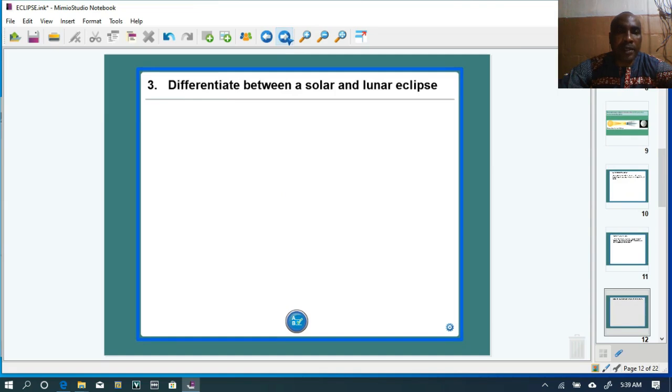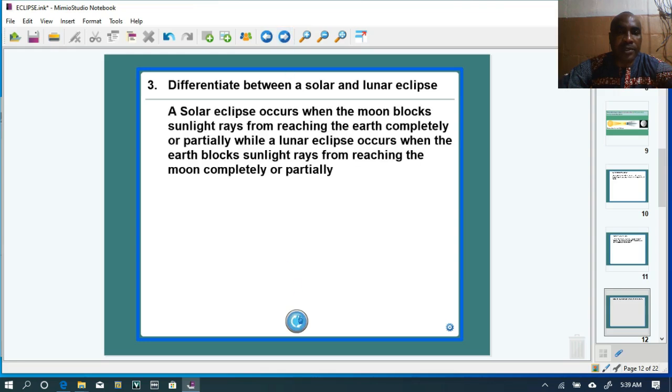Question number 3. Differentiate between a solar and a lunar eclipse. Solution. A solar eclipse occurs when the moon blocks sunlight rays from reaching the earth completely or partially, while a lunar eclipse occurs when the earth blocks sunlight rays from reaching the moon completely or partially.